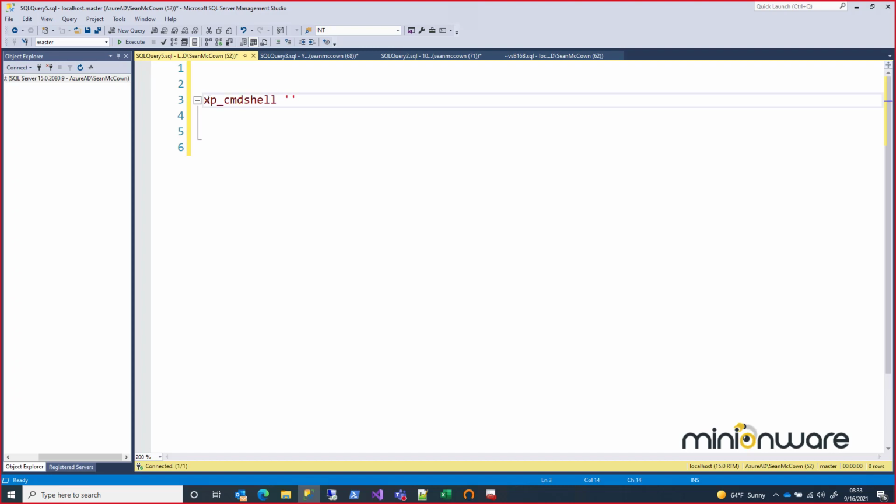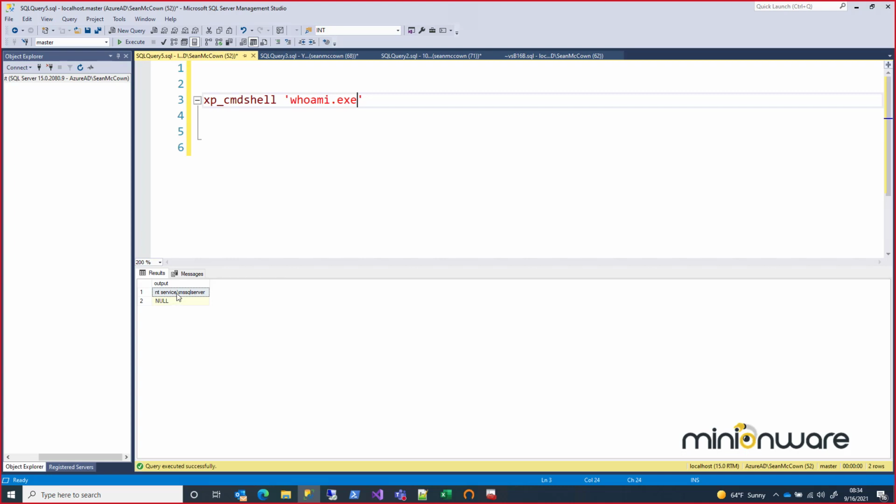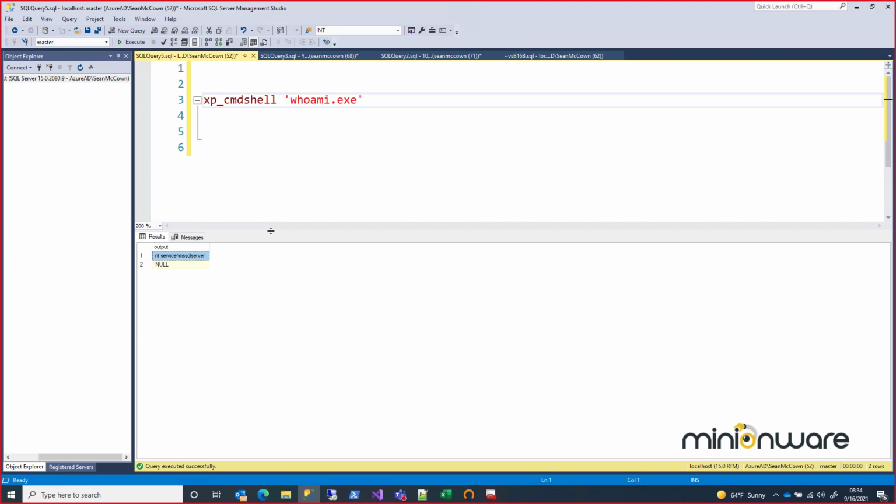Now, how do we find out what we're running under? There's a brilliant little exe in Windows called Who Am I.exe, right? So when I run this, it tells me who I'm running under. And you can see I'm not running under my Azure ID account, I'm running under the service account, which I can't log in as anyway, right?